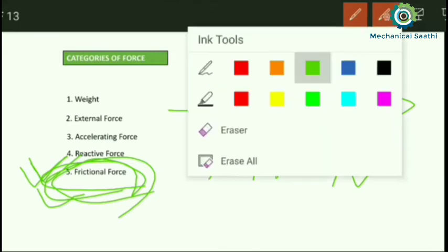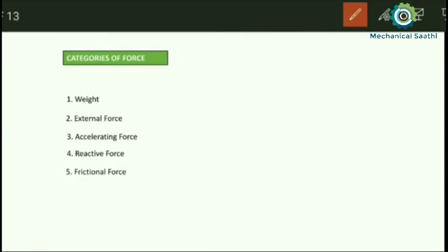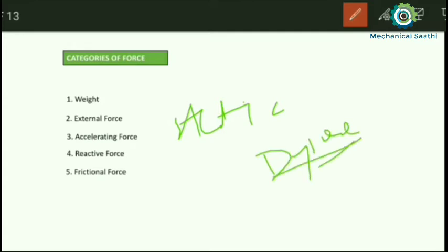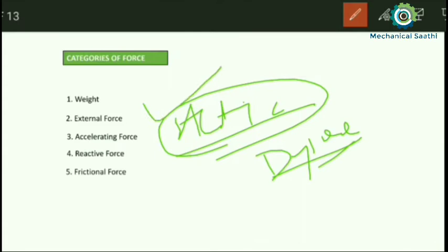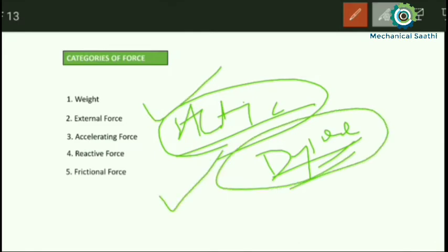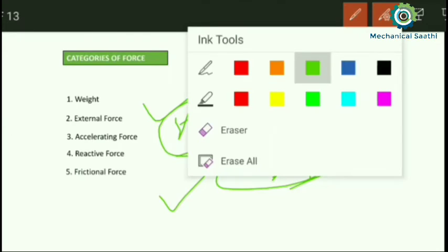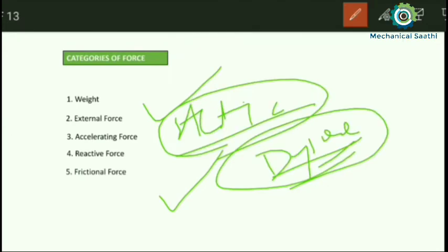As we have discussed, mechanics may be of two types: one is statics and another is dynamics. Static means when your body is in equilibrium, not in moving condition. When your body is moving, that is dynamic. So in the dynamic condition, we will get the frictional force.